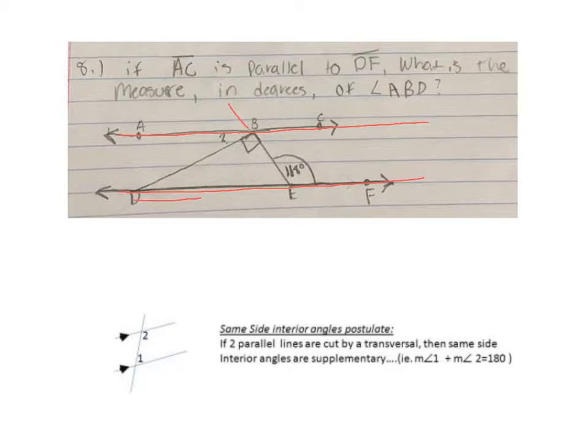Here's your transversal coming in right through here. So this 118 that you have, that's right here, would be a same side interior with this angle right here. And they're going to be supplementary. So to find this angle that I have up top, I'm just going to take 180 minus 118, and that gets me 62.